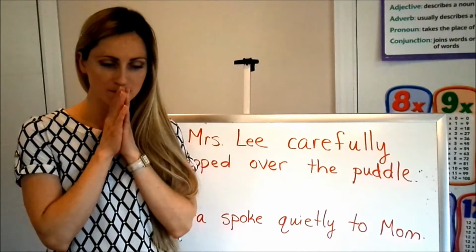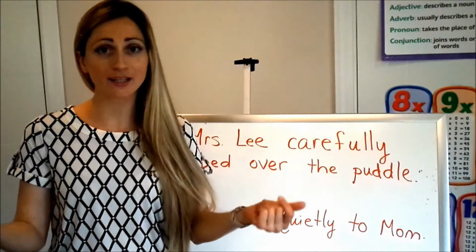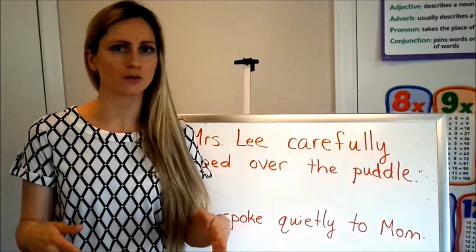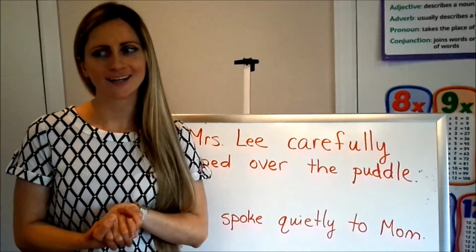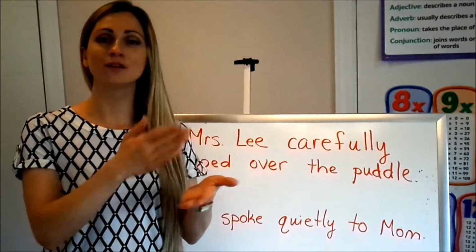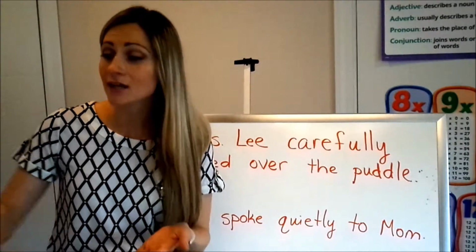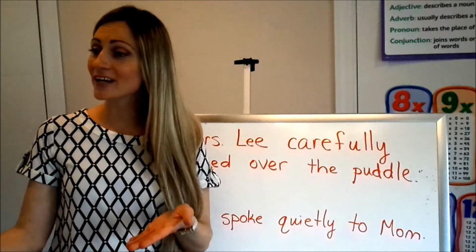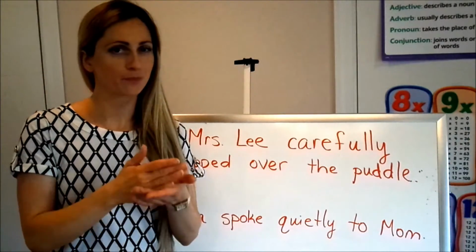So, we are going to learn adverbs quickly or slowly? What do you think, Saoirse? Quickly. Yeah, so we will learn adverbs quickly. Quickly is a word that describes a verb.